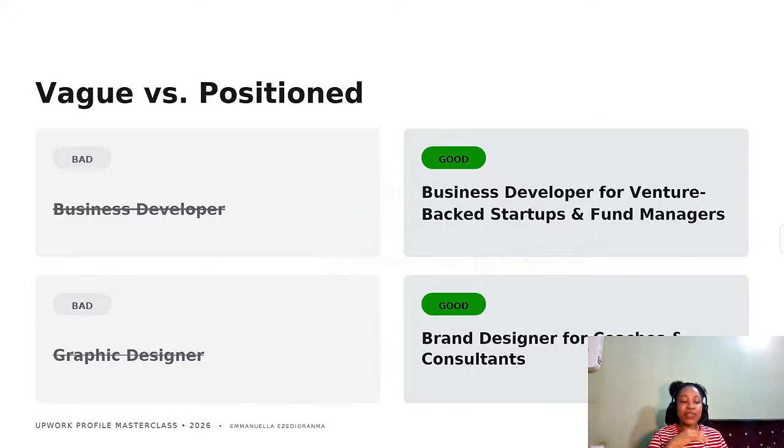Believe you me, if any client that fits this profile searches for a business developer on Upwork, the algorithm is going to pick up this person's profile because they positioned themselves as the business developer for venture-backed startups and fund managers.